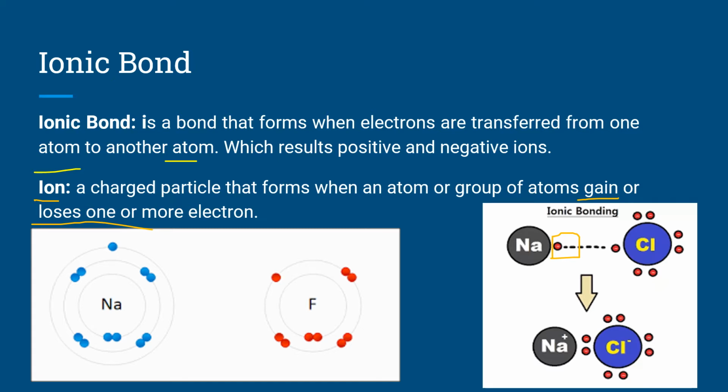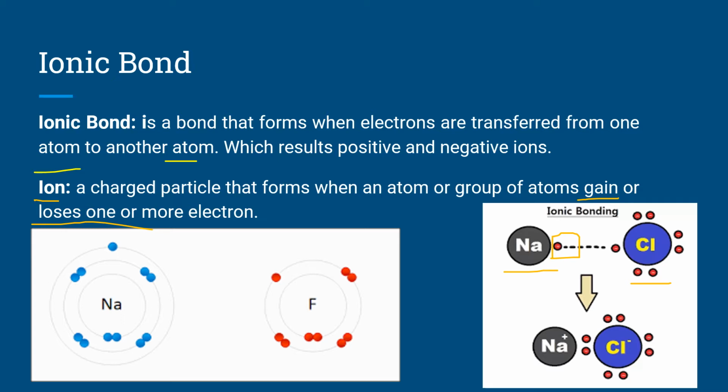Then the chlorine will take the electron. In this way, sodium is losing an electron and chlorine is gaining one electron.